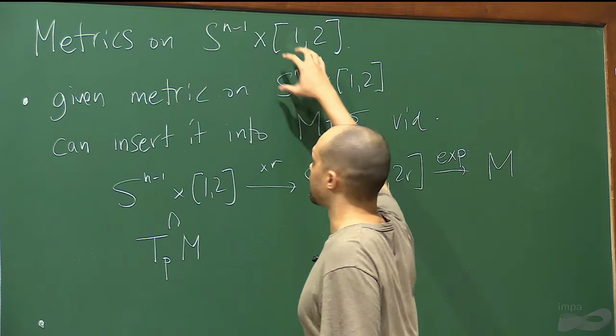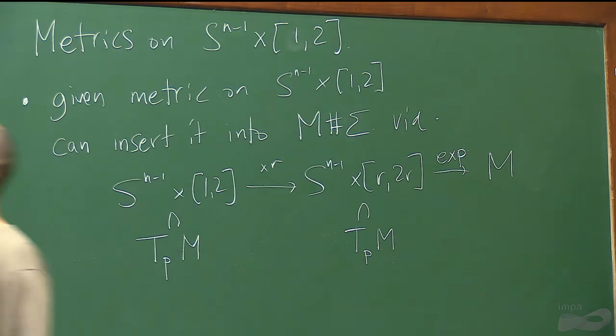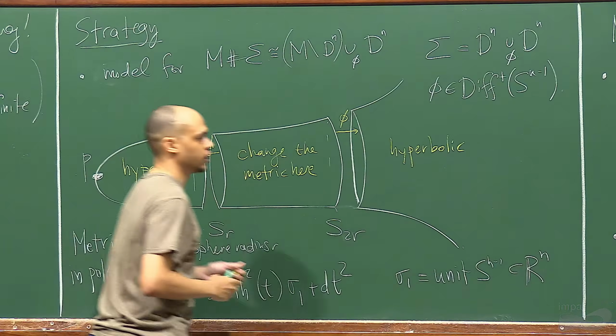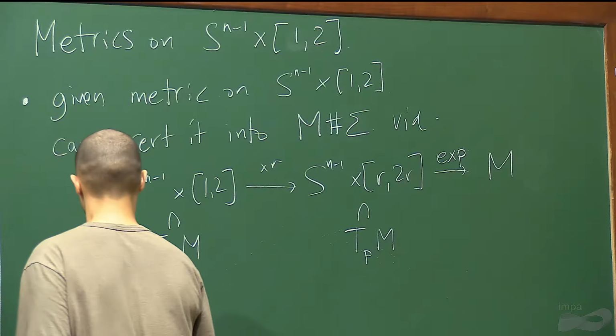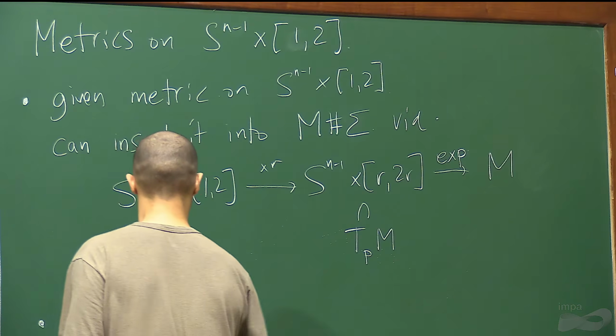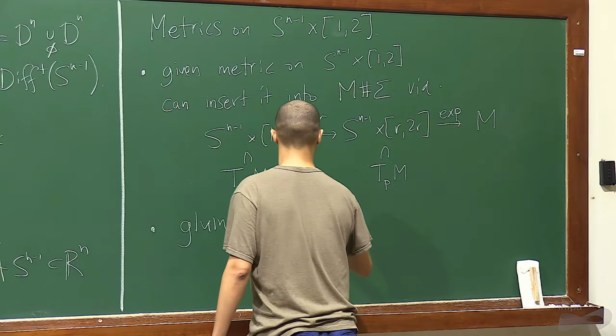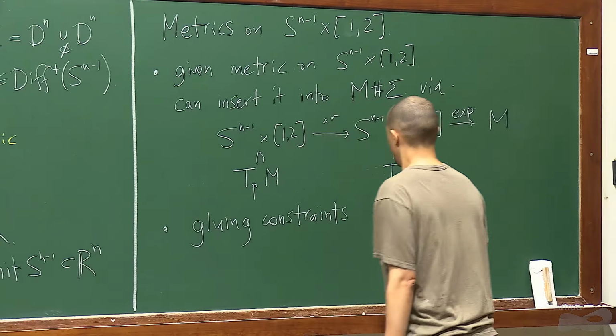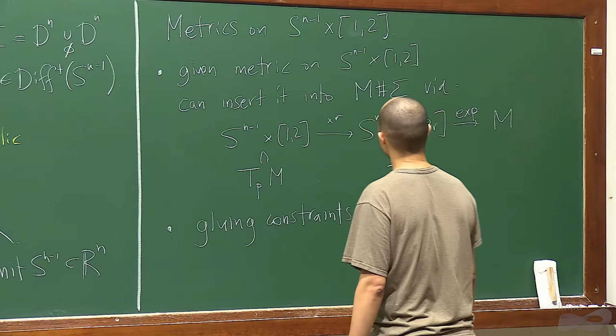Not any metric that we put here is going to glue in nicely to give us a smooth metric on M. So the gluing constraints are as follows.